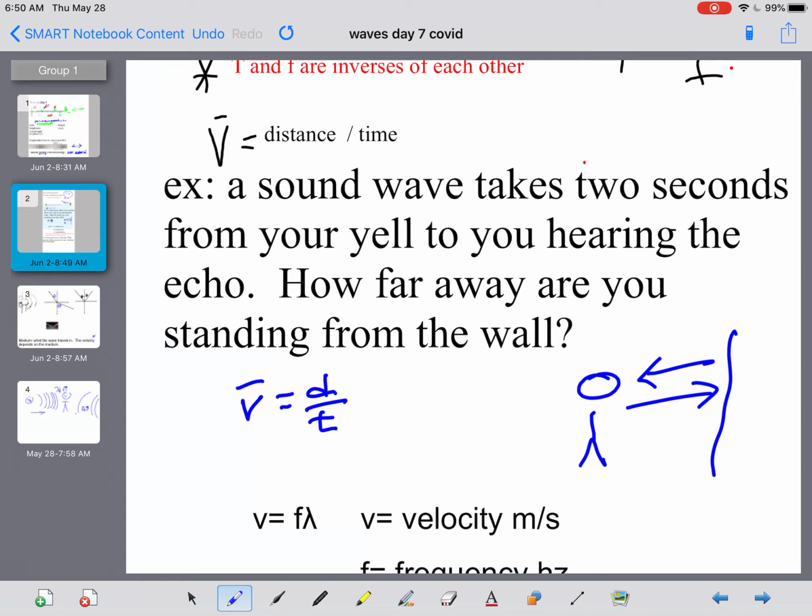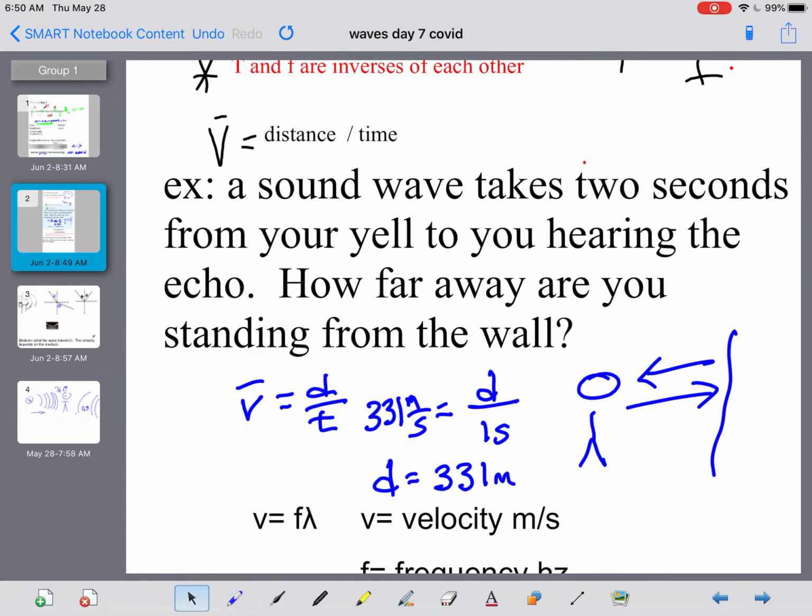So now I know the time is 1 second. I'm looking for d. Well, what's the velocity? Well, the velocity of sound is 331 meters per second. Now, if you don't remember that, that's not a big deal. It's on the front page of your reference table. So the wall is 331 meters away.